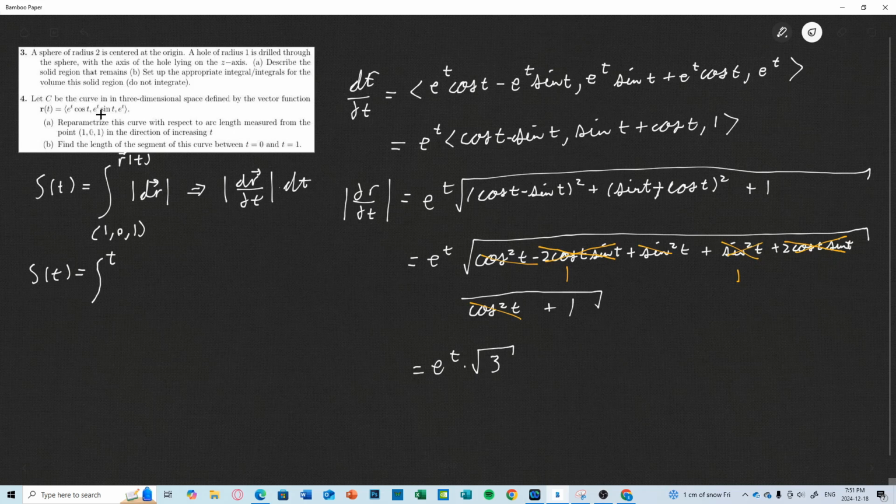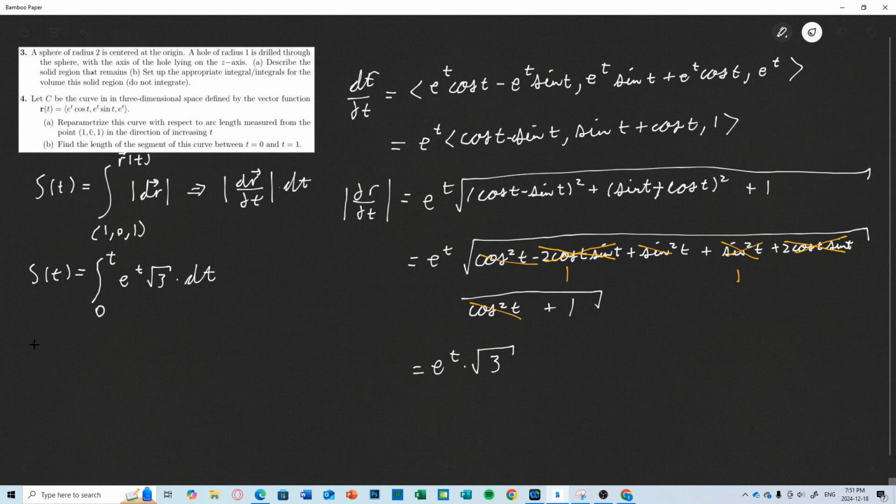If we set 0 into e to the t sine t, that will become 0. And then if we set a 0 to t as e to the t, that will just become 1. So it will become the integral from 0 to t of e to the t root 3 times dt.